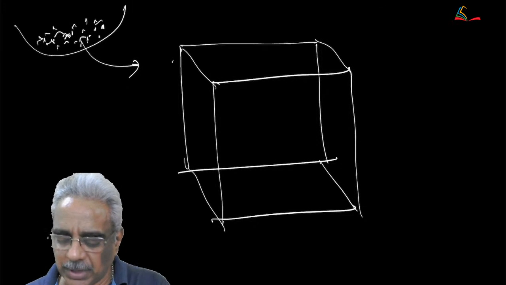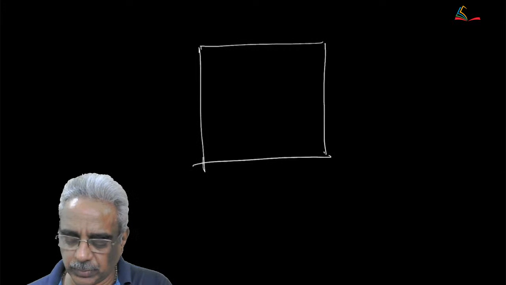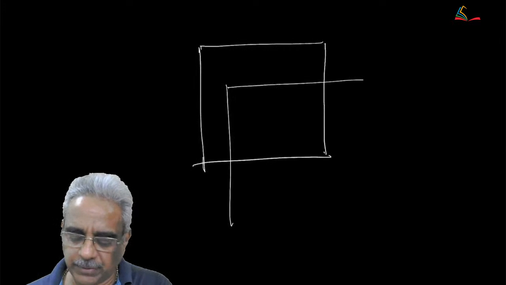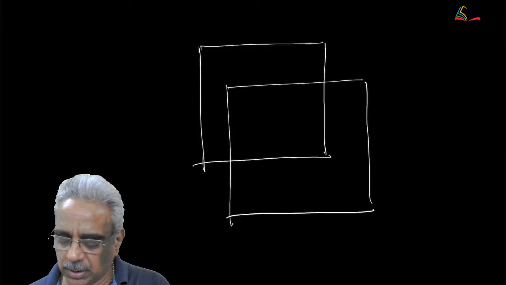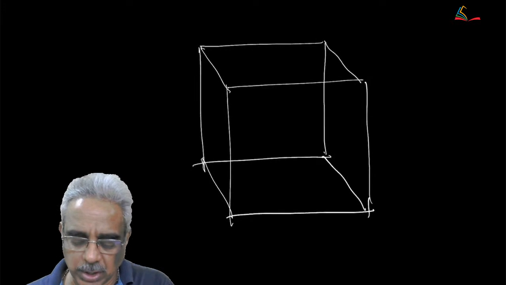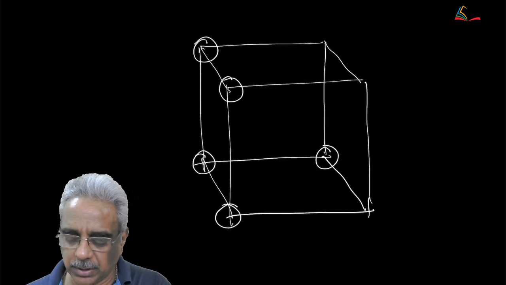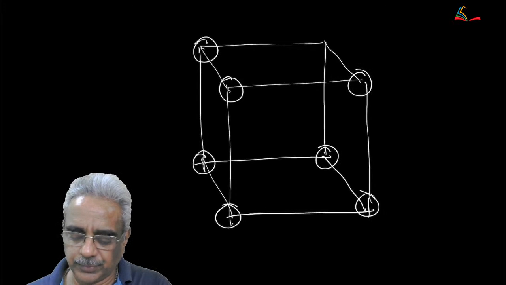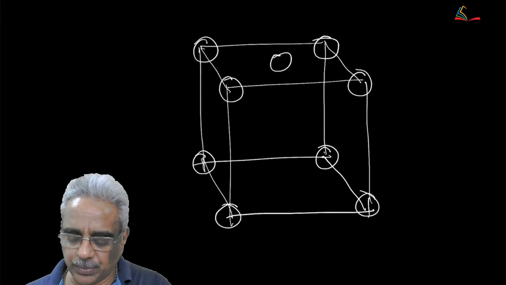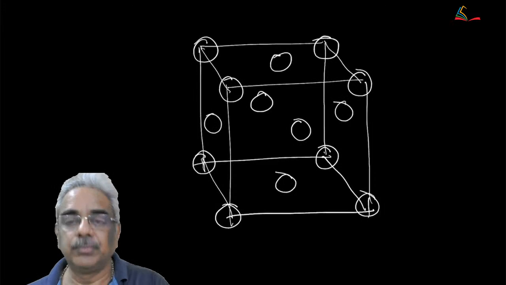And if you remember well, I said every corner is occupied by a chloride. So this is a very interesting aspect. Every corner has a chloride: top, bottom, left, right, back and front.